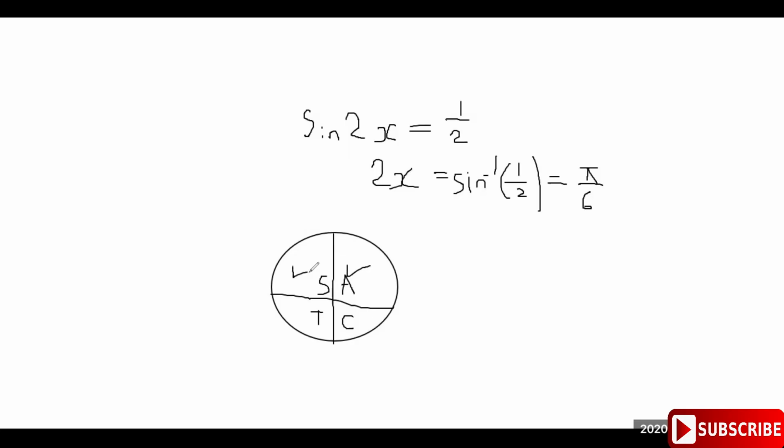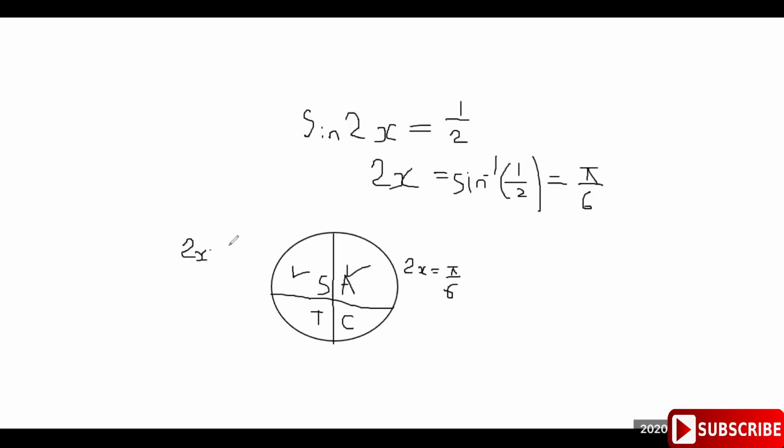So since sine is positive here and here, then we get that 2x is equal to pi by 6. That's in the first quadrant. And in the second quadrant, we're getting 2x is equal to pi minus pi by 6.